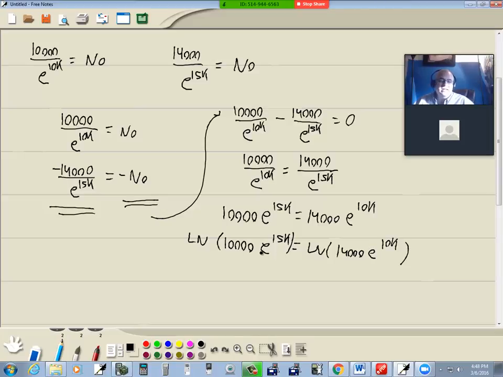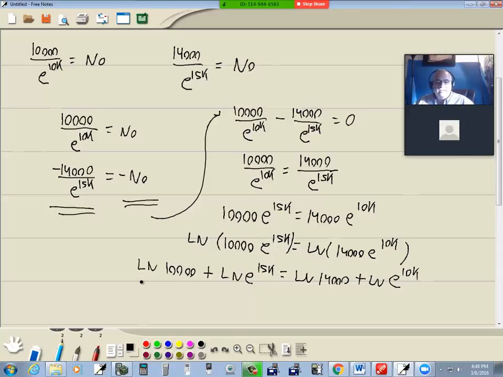And then, like you indicate, this is multiplication, so it would become addition. So it'd have natural log of 10,000 plus natural log of e to the 15k equals natural log of 14,000 plus natural log of e to the 10k.